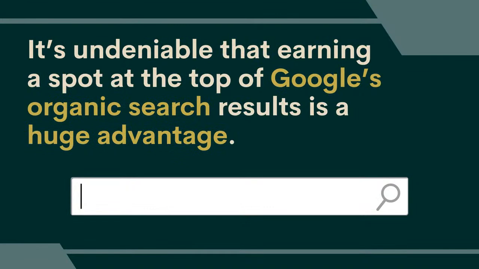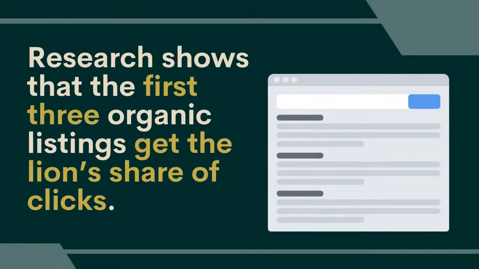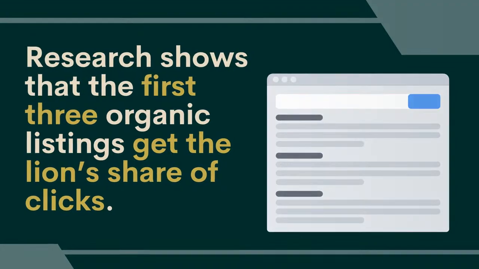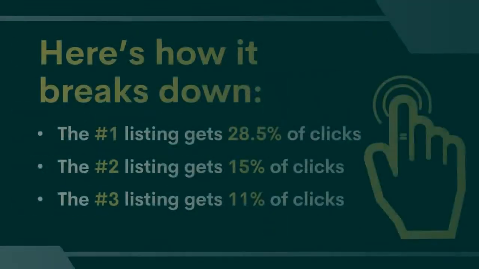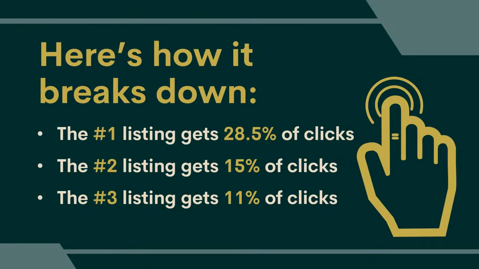It's undeniable that earning a spot at the top of Google's organic search results is a huge advantage. Research shows that the first 3 organic listings get the lion's share of clicks. Here's how it breaks down.